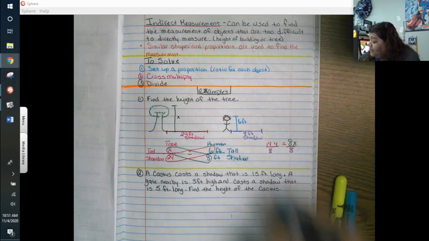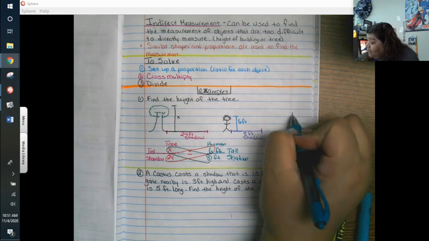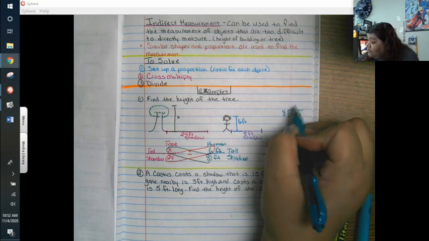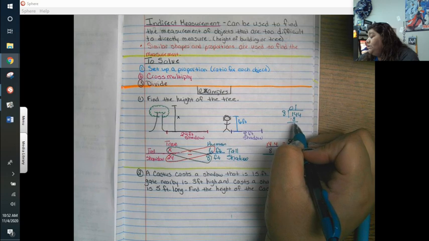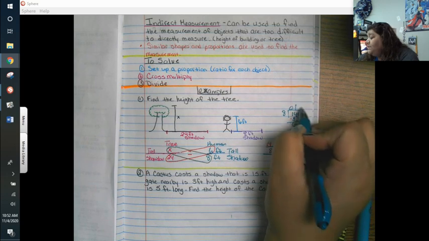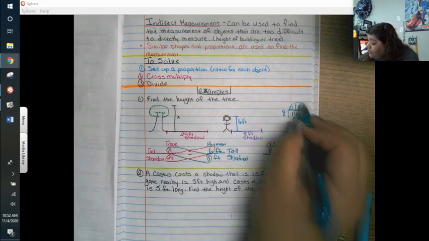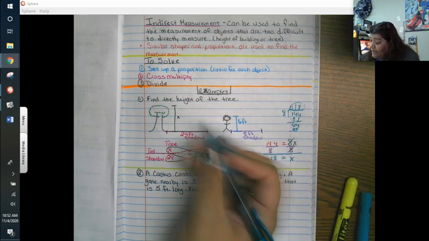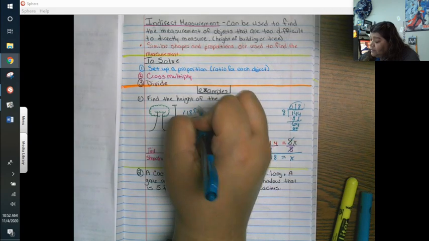Cancel, cancel. I'll do the math up here in my empty spot. 144 divided by 8 goes 18 times. So 18 equals x. I can guesstimate that this tree is 18 feet tall.